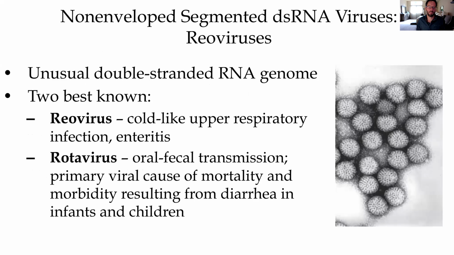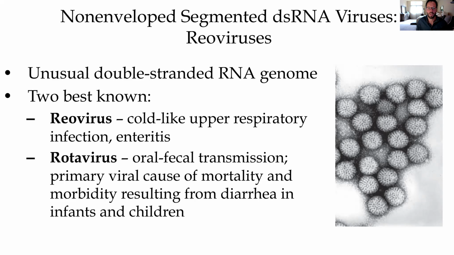Reovirus, again, is an upper respiratory virus. It can also cause stomach irritation. Rotavirus is going to be a diarrhea virus from oral-fecal contamination. These often are outbreaks in daycare facilities, where kids play with feces, and it's all around.